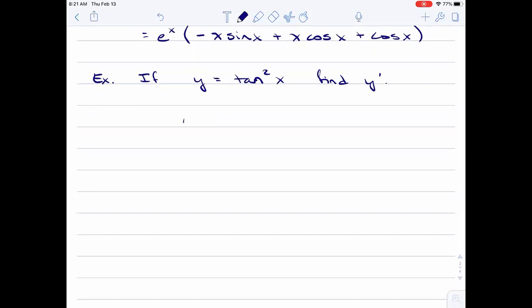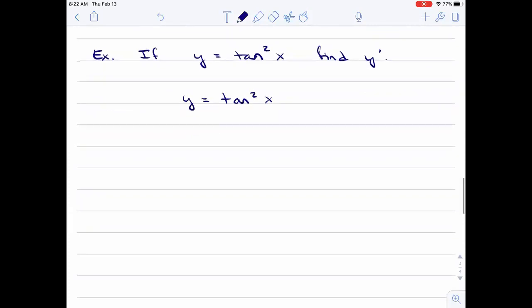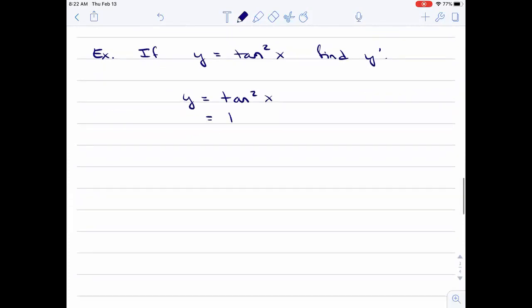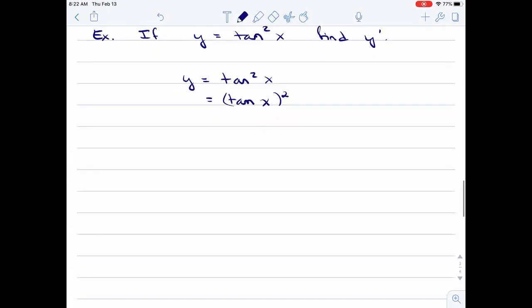So if y is tan squared x, then y is also tan of x, all squared. Those are equivalent. And that's a key thing to keep in mind, which is just tan x times tan x. So now I'm at the product rule.